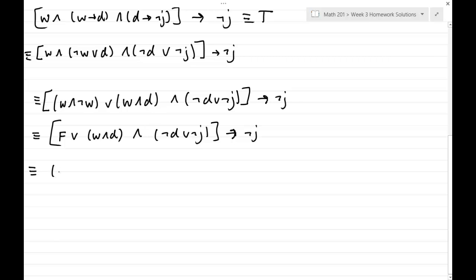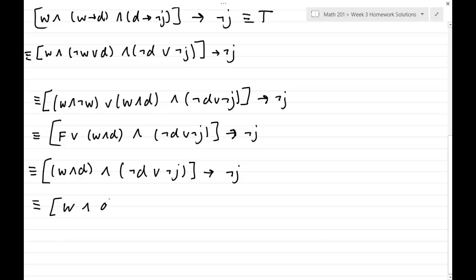So I'll have W and D and not D or not J. So now using the associative property, I can group that D with the not D. So I'll have W and D and, so I'm going to group this D because I want to put it by the not D.